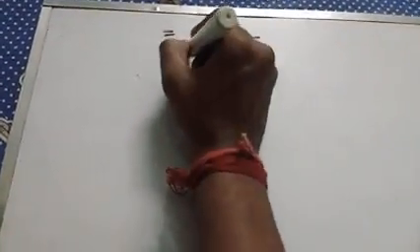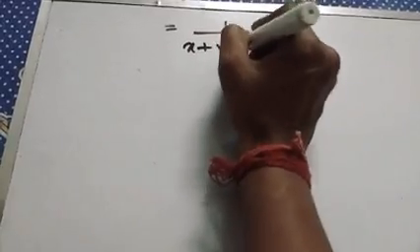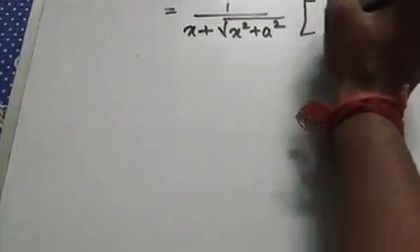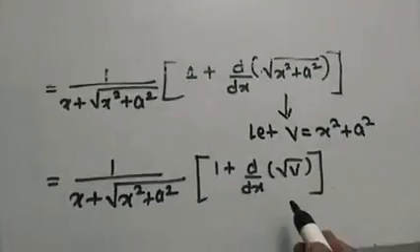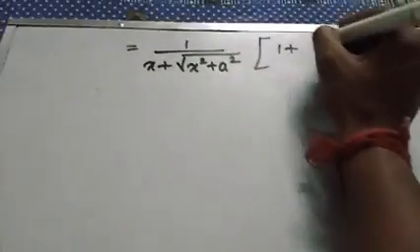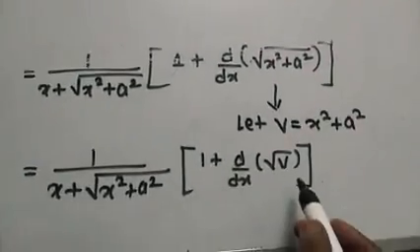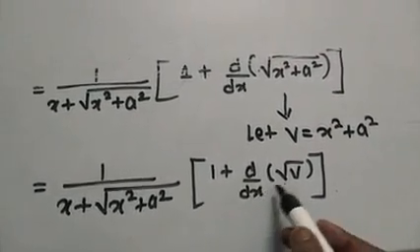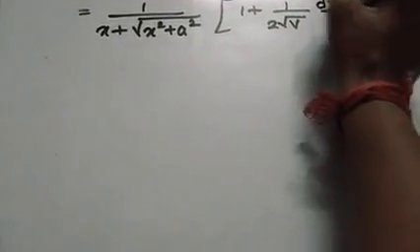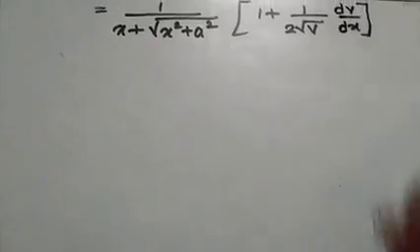So 1 by x plus root over x square plus a square times 1 plus d dx of root over v, that means 1 by 2 root over v, and again this is v, this is x, these two are not the same, so we'll further differentiate v with respect to x.